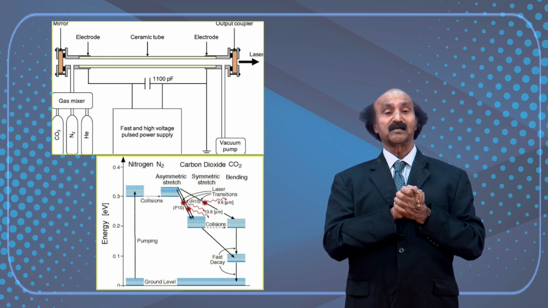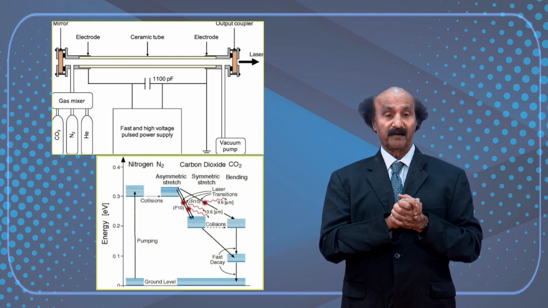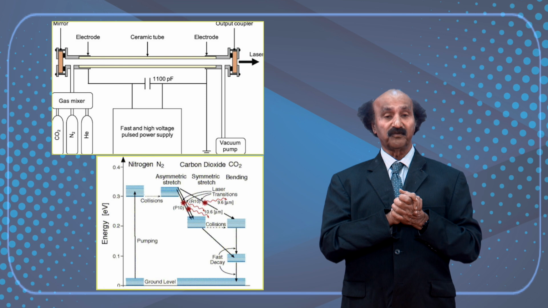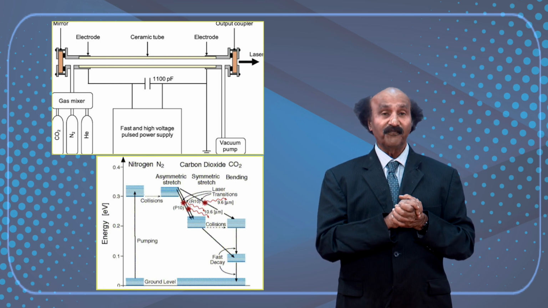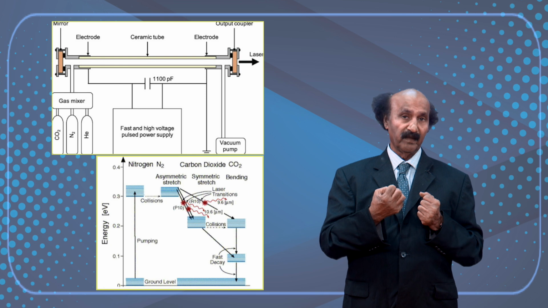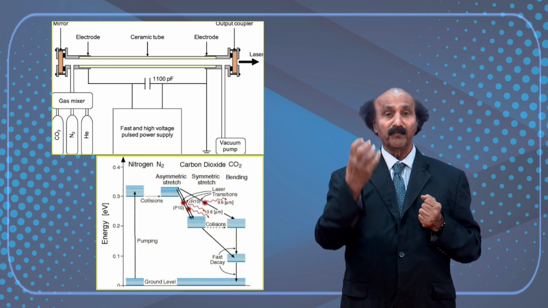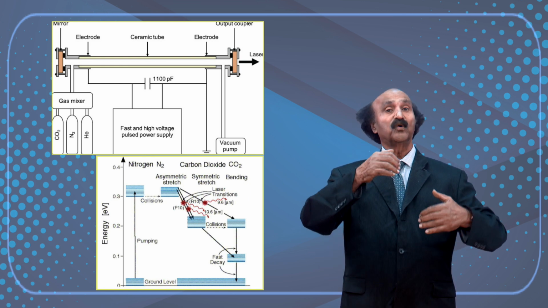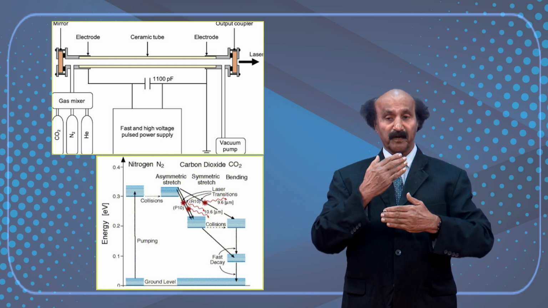The typical ratio of pressures for CO2, nitrogen and helium is 1:1:3. We have 3 parts helium, because this will effectively bring the carbon dioxide molecule down from the lower laser level, and then it will immediately come down to the ground level. So, the CO2 molecule is available for the next cycle of operation.